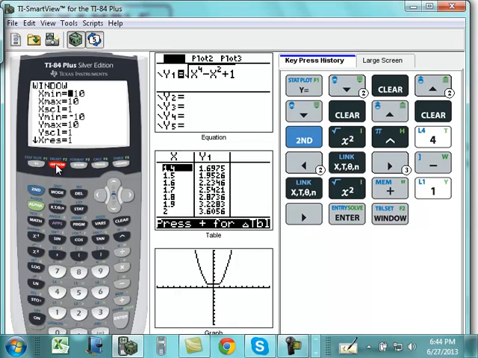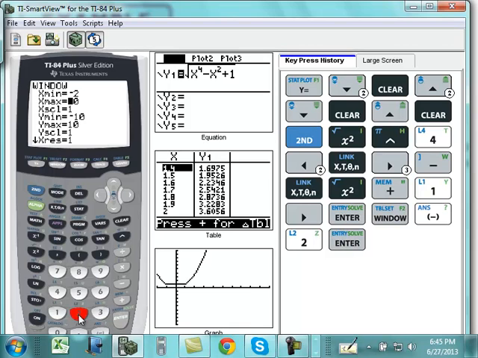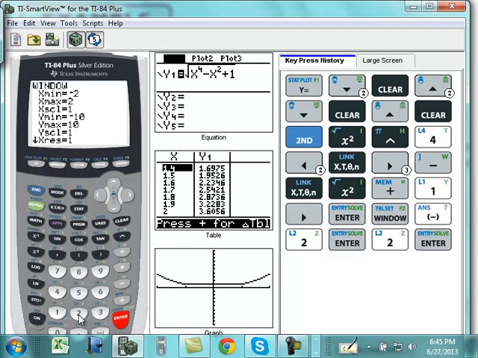I have reason to believe that the x value which minimizes that distance is going to be somewhere between -2 and +2. So I'm just going to set x minimum to be -2. Enter. X maximum to be +2. Enter. And let's just set x scale to be, say, 0.25 maybe, which is 1/4.